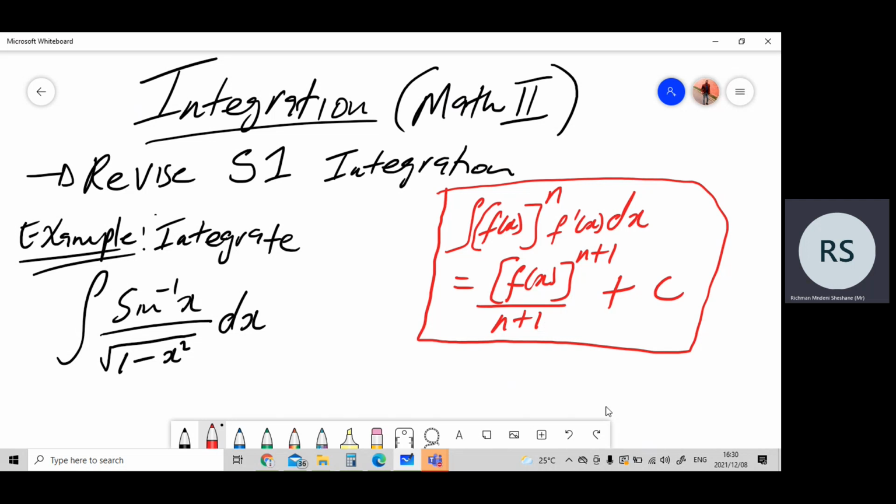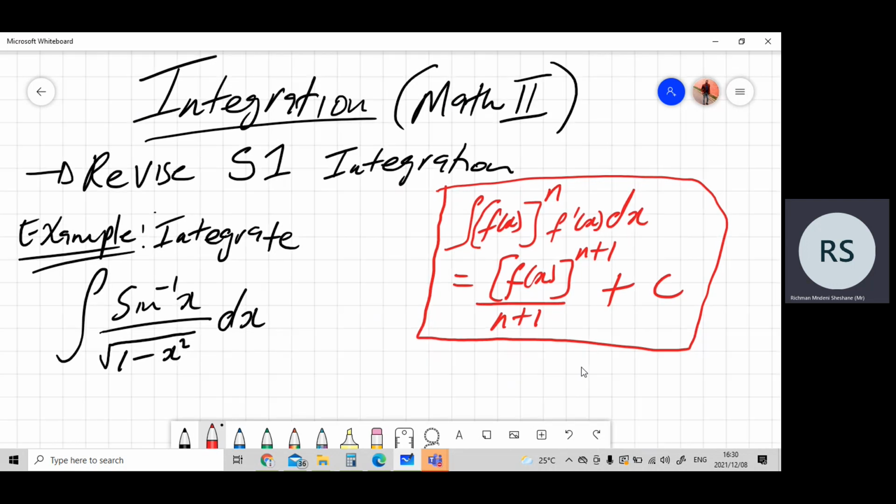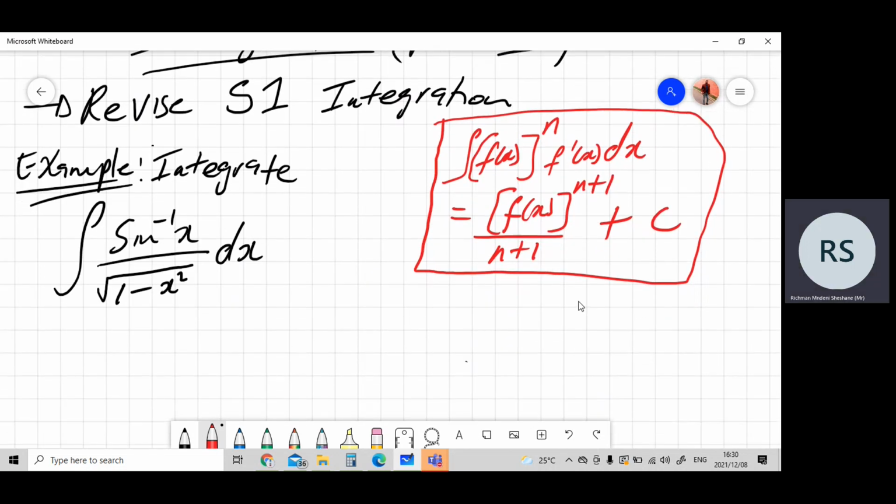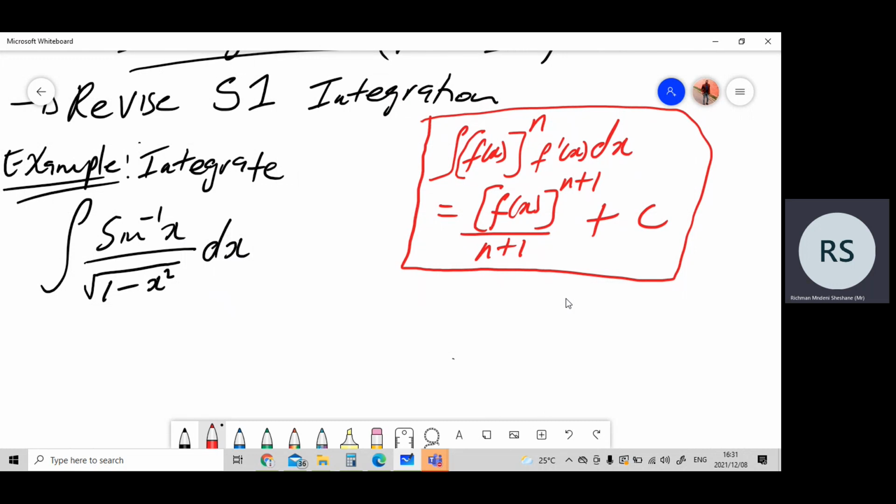Because last week was not an online week, I did a revision. If you were present, I did some Math 1 revision. We also considered a special case when n equals 1. What's happening with the formula when n equals 1?